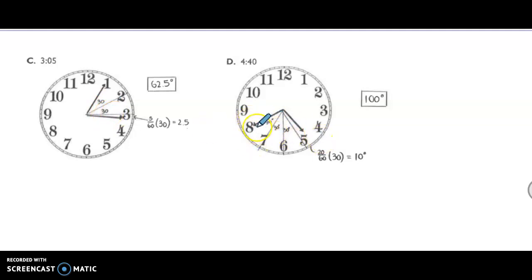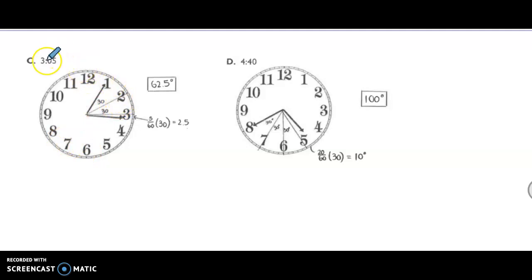The angle measure between each number is 30 degrees because obviously a clock is 12 hours. And if you remember, a circle is 360 degrees, and 360 degrees divided by 12 of these is 30 degrees. So between each number is 30 degrees.